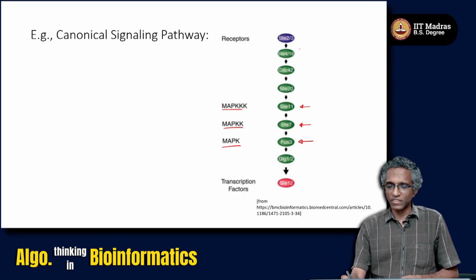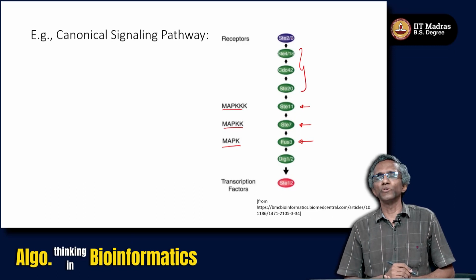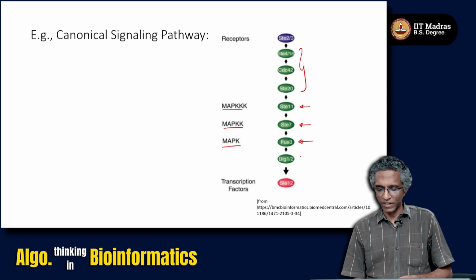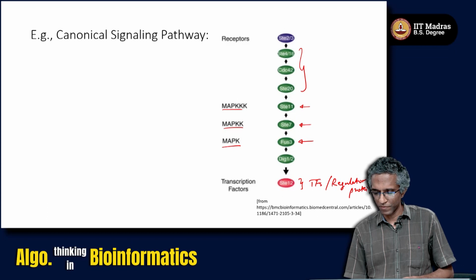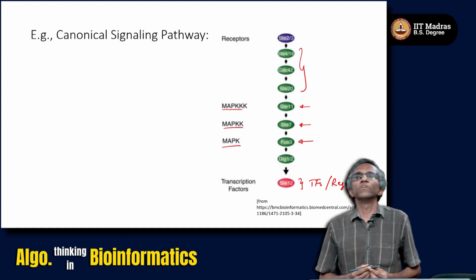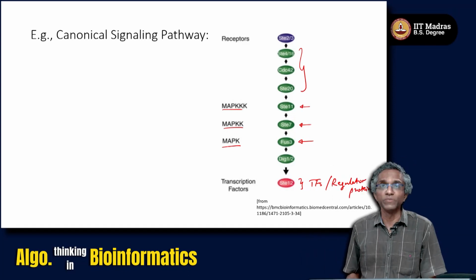And then there are other genes involved in relaying this signal from the receptor, which is either STE2 or STE3, and then finally you have transcription factors, or these regulator proteins, such as STE12, okay, that are involved in activating the expression of certain downstream genes.